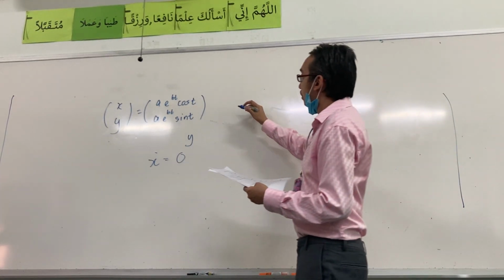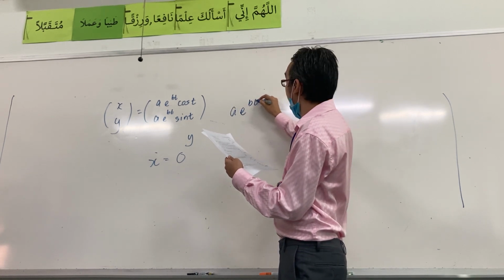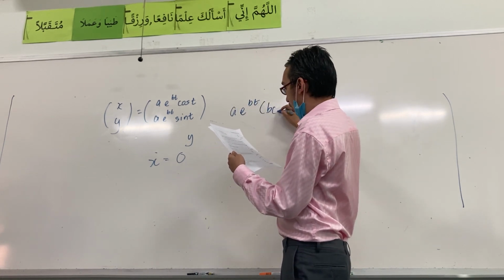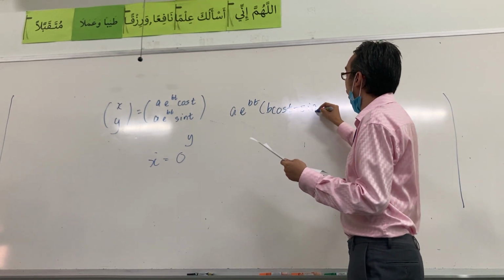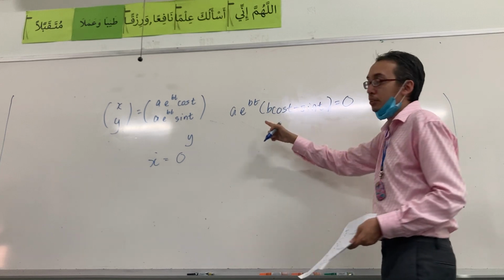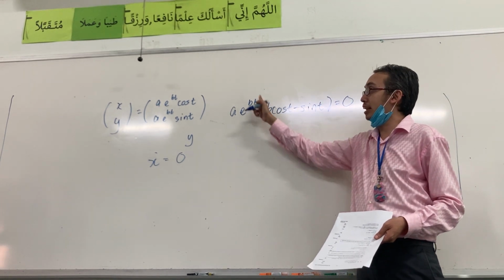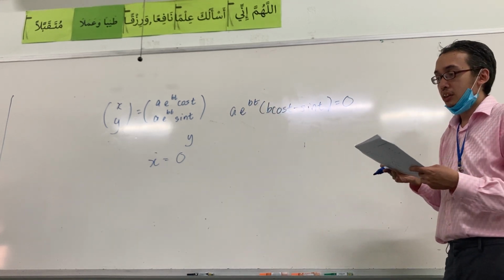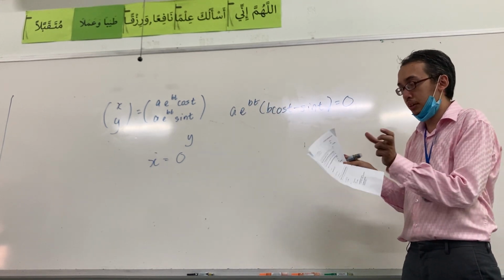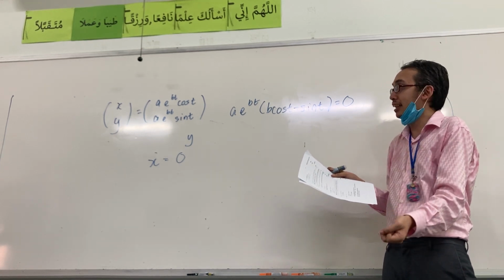Our x dot is actually this equation, a e^(bt) times (b cos t minus sin t). Maybe earlier you didn't see this because it's combined, factoring out the a e^(bt). Earlier it was made of two terms, and each term has a e^(bt), so they factorize it out.